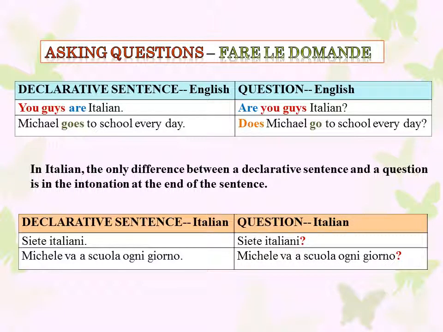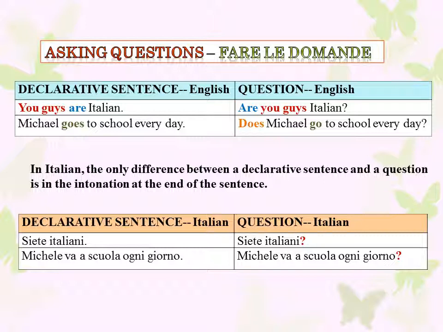Asking questions. Fare le domande. In Italian, in the great majority of cases, questions that do not include one of the interrogative words are structured identically to declarative sentences. In English, in order to turn a declarative statement into a question, there can sometimes be a reversal of position of the subject and the verb.